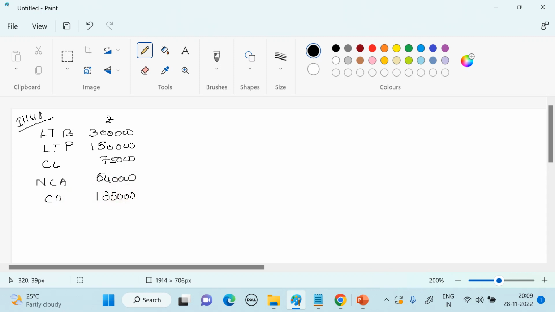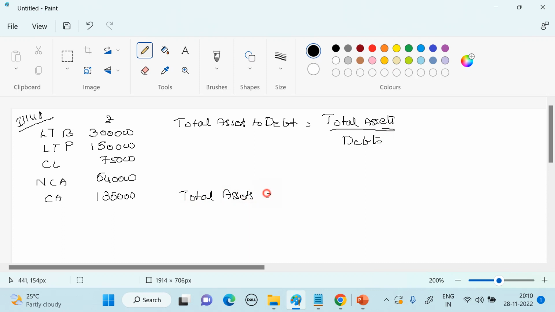Now we are supposed to calculate total assets to debt ratio: total assets divided by debts. What is total assets? From the information given, they have given non-current asset and current asset. We know the total of these two is the total asset. So we take non-current asset, add it to the current asset: 5,40,000 plus 1,35,000. So 6,75,000 is the value of our total asset.